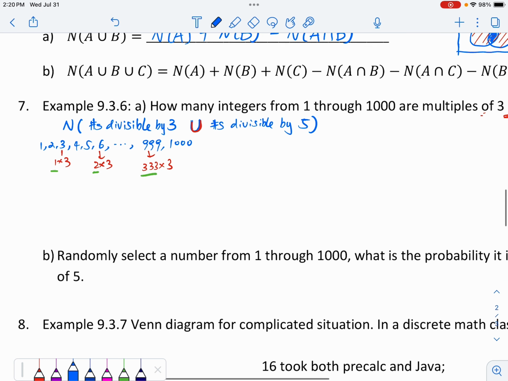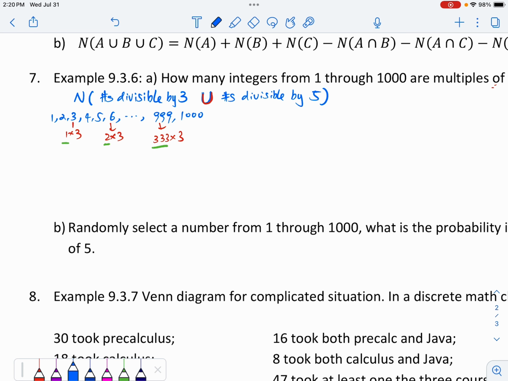Now here's a shortcut. In fact, if you want to count the number of integers from 1 to a certain number and divisible by, say, 3 in this case, you can just take a floor function. So floor function, 1,000 over 3, okay?